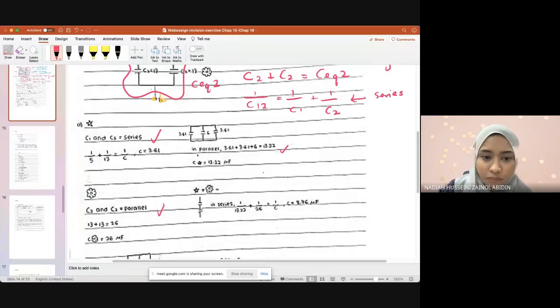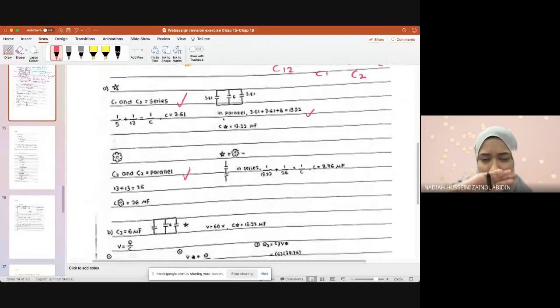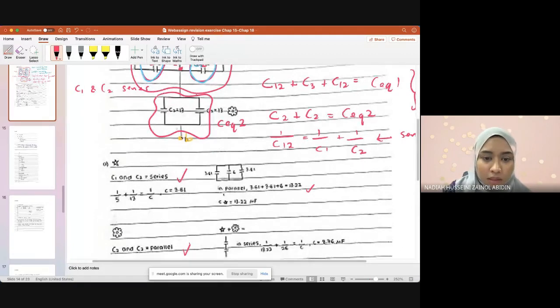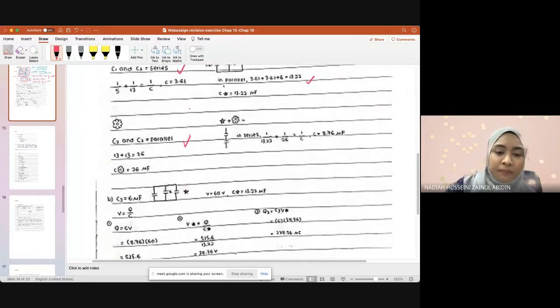Okay, correct, if she really calculated with the calculator. I didn't calculate because my answer has different values. And then for the second part of the diagram, which is down here, this guy is in parallel, so just add directly. So basically C2 plus C2 is in parallel, so 13 plus 13. So you get 26 micro.